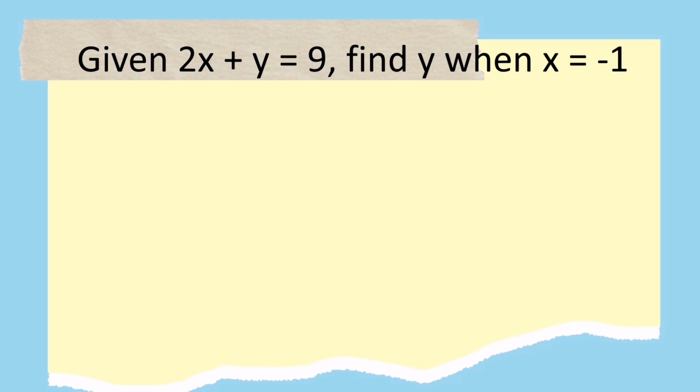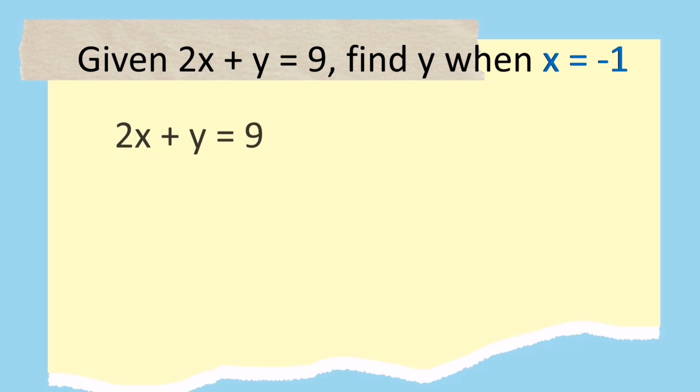This time, given the same equation 2x plus y equals 9, find y when x is equal to negative 1. Using the same process that we have done a while ago, if x is given, then we can solve for the value of y.